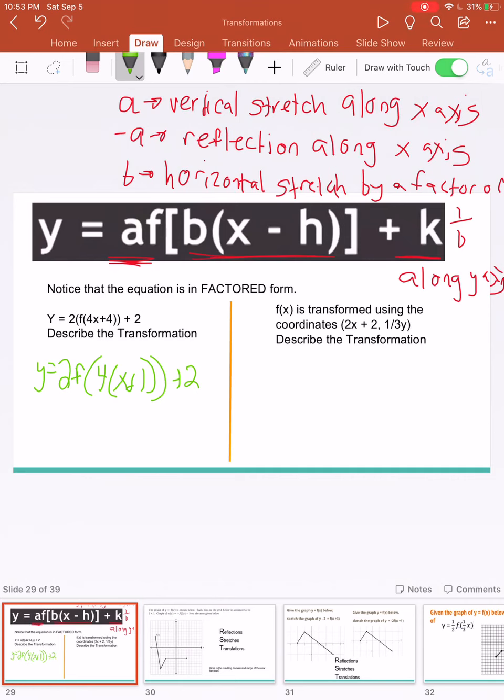Okay, so now let's describe the transformation. Again, you need to describe in detail. You will lose marks if you're not describing in detail.